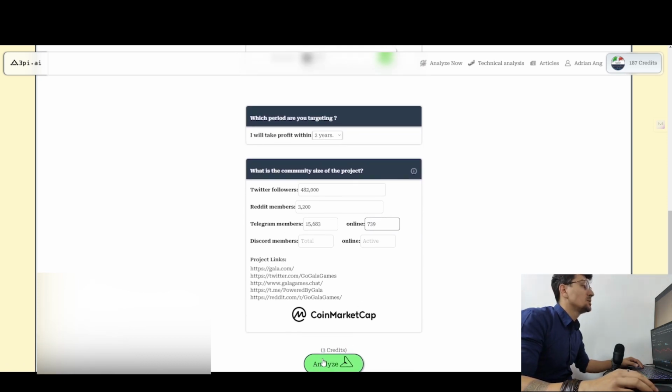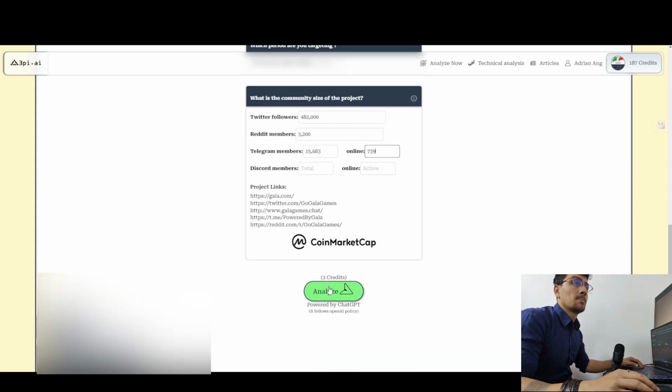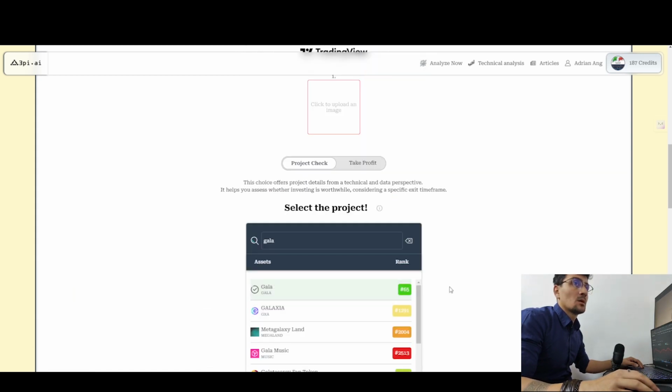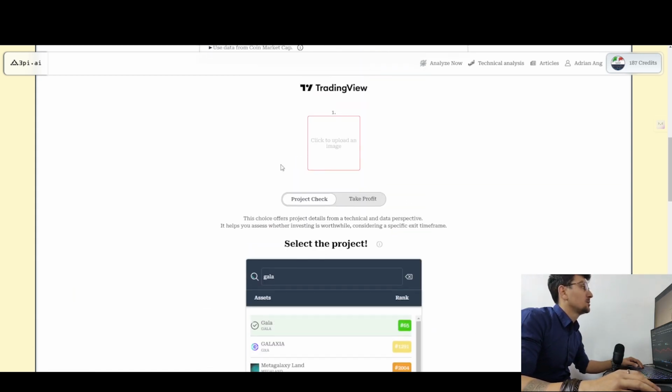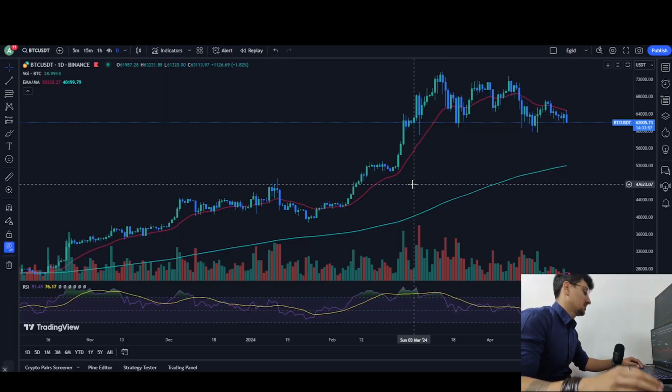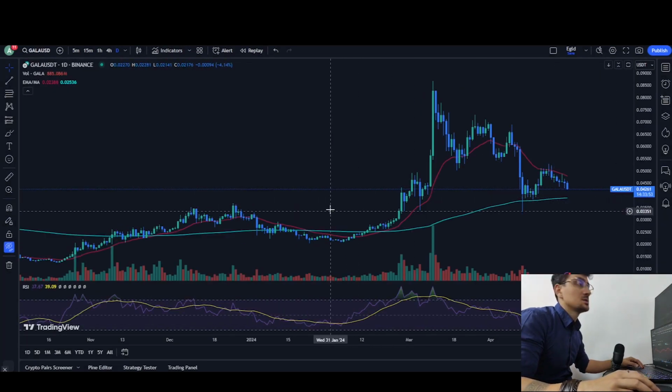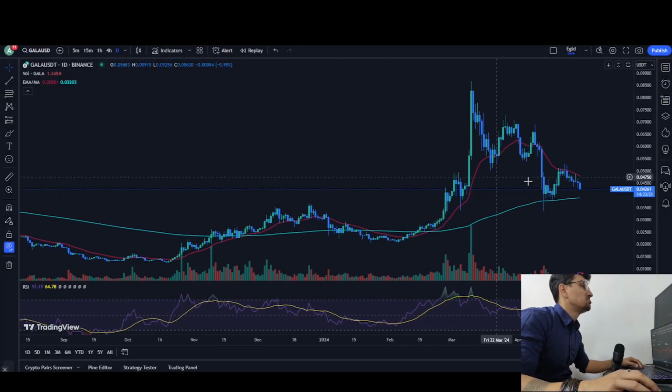And now we simply click on Analyze Now. Once we click on that, we see that we didn't upload a picture, so let's do that. Gala USDT, I think Binance works the best.